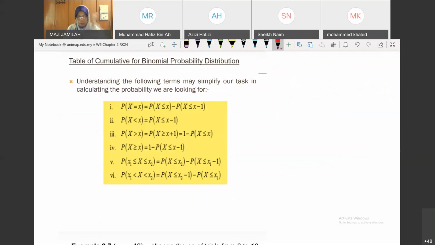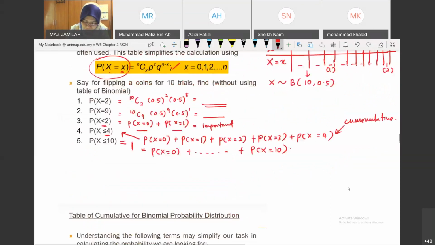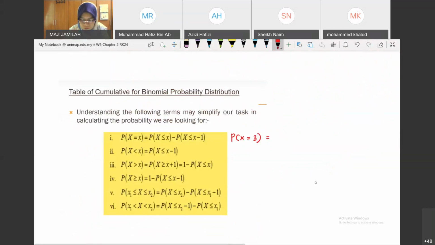For example, if the P(x) that you are looking for is equal to 3, instead of having all these phrases included, you can just use the probability of x less than or equal to 3 minus, before equal to 3, P(x less than or equal to 2).